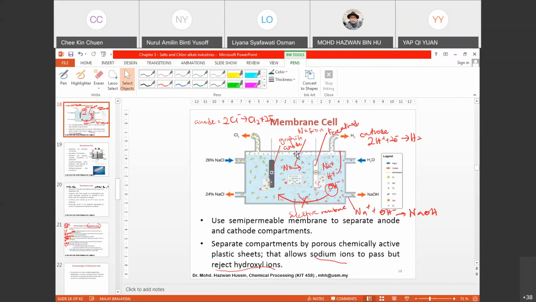The only problem is that the membrane used as a separator easily clogs.